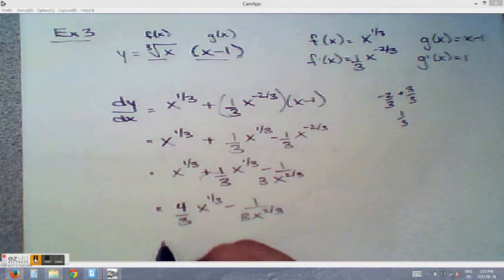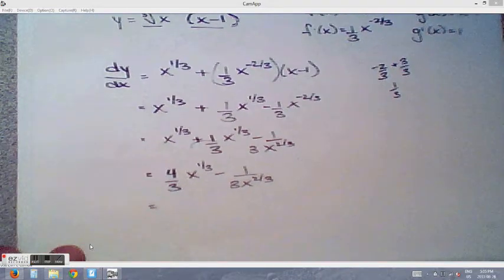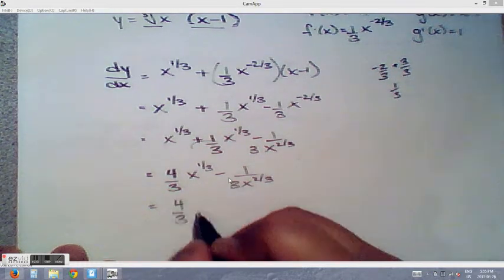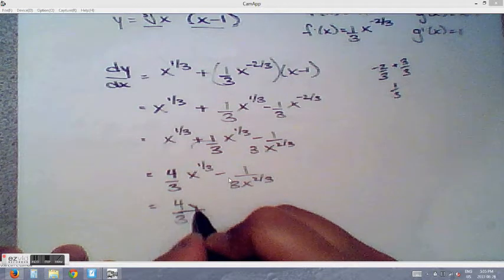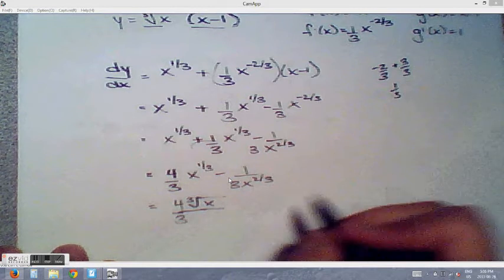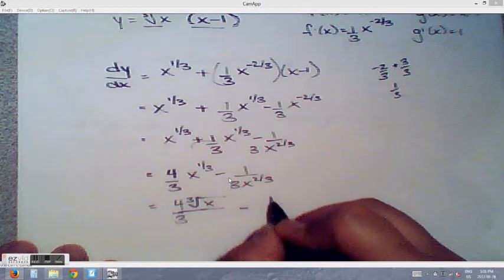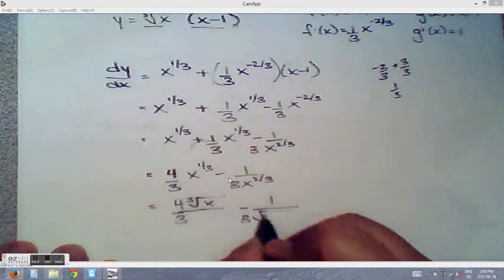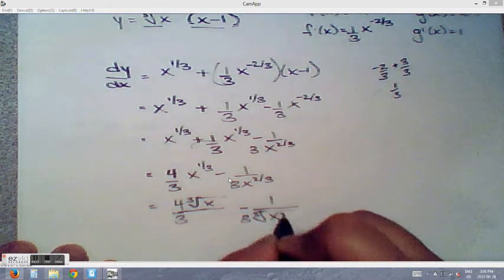So I lied. The next line I will now look at the fractional exponents. So 4 over 3 the third root of x minus 1 over 3 and the third root of x squared.